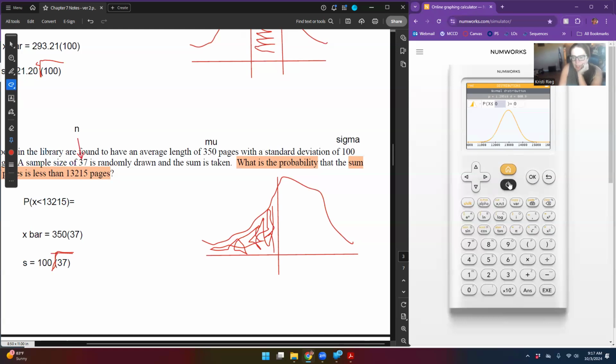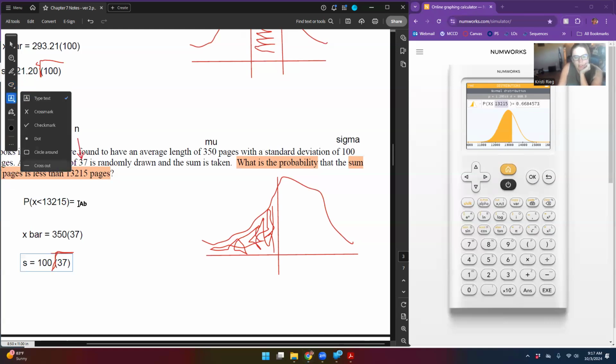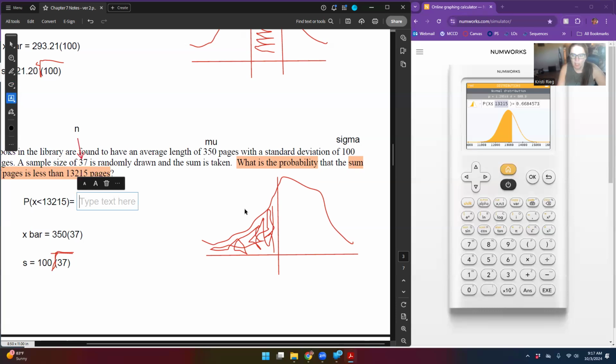Last but not least, it's already at less than. So I need to put in 13,215. There we go. And our final answer for the probability that the sum of the pages is less than 13,215 pages, we get 0.6685 when rounding to 4 decimal places.